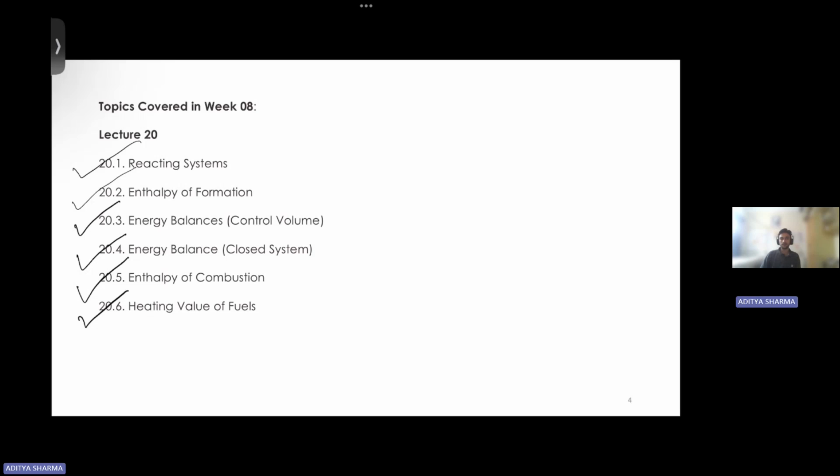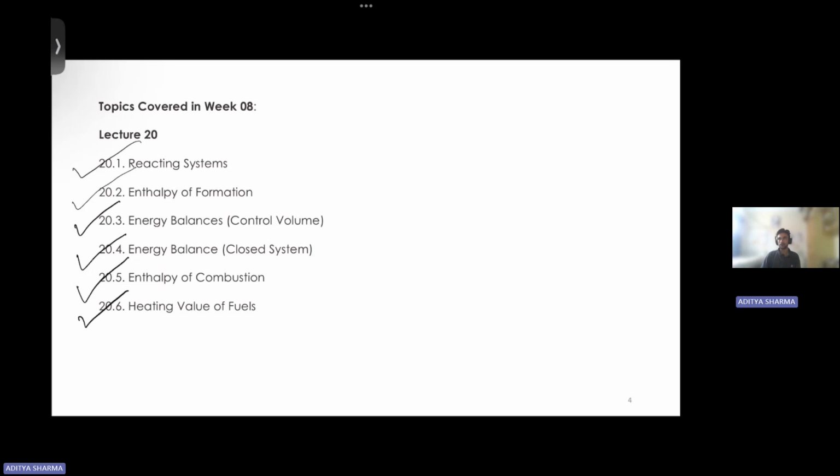If you see the definition of heating value of fuels, it says that it is the positive number equal to the magnitude of enthalpy of combustion. So this is your heating value. Then there are two types of heating values: one is high heating value and the other is low heating value.